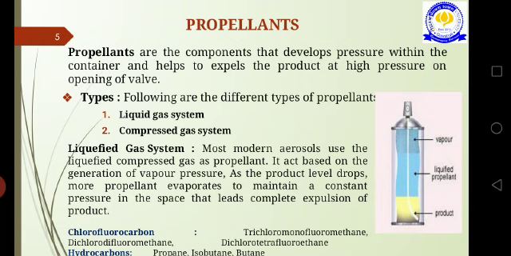As a result of their volatilization, they create vapor pressure, and that vapor pressure plays a vital role in expelling the liquid content from the container. Chlorofluorocarbons are the major class of this type of propellant. Other than that, hydrocarbons like propane and butane may also be used for this purpose.